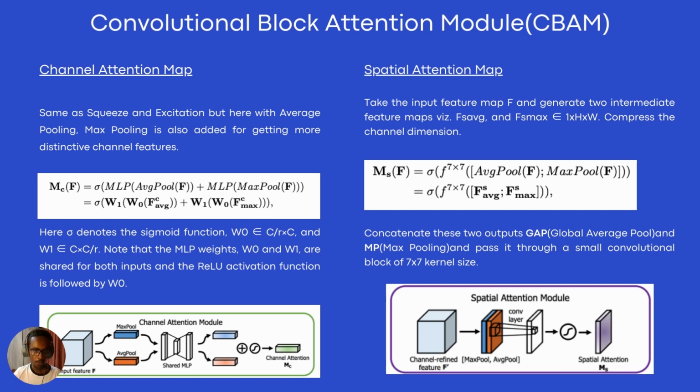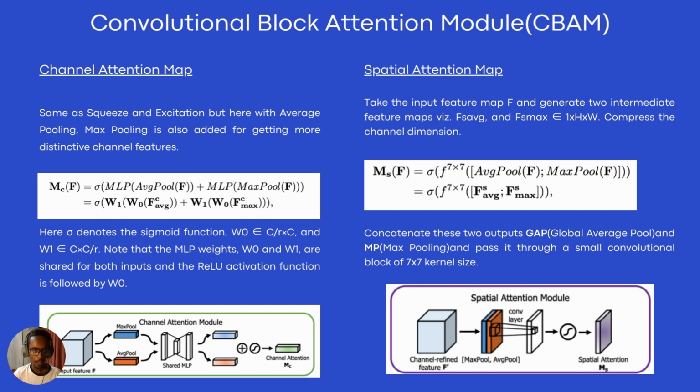Finally, when we get the output from the excitation, we have one representation coming from the max pool operation, and another feature map coming from the average pool operation. Then we sum them together, and finally we pass them onto a sigmoid function to get the channel attention.